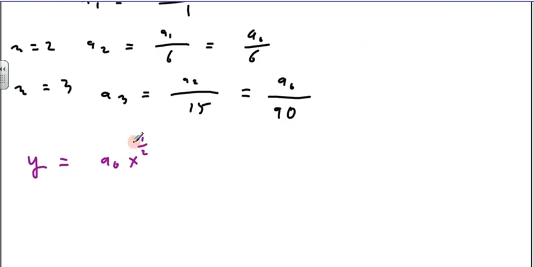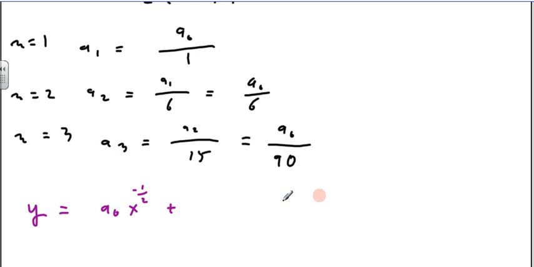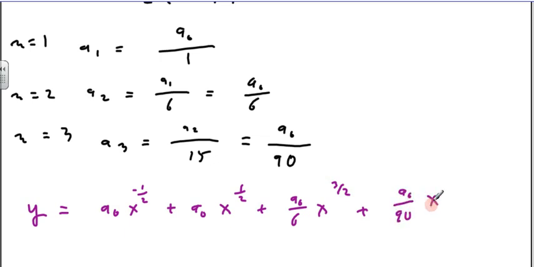So a0 x to the minus 1/2 plus a1, which is a0 x to the 1/2 plus a2, a0 over 6 x to the 3/2 plus a0 over 90 x to the 5/2.